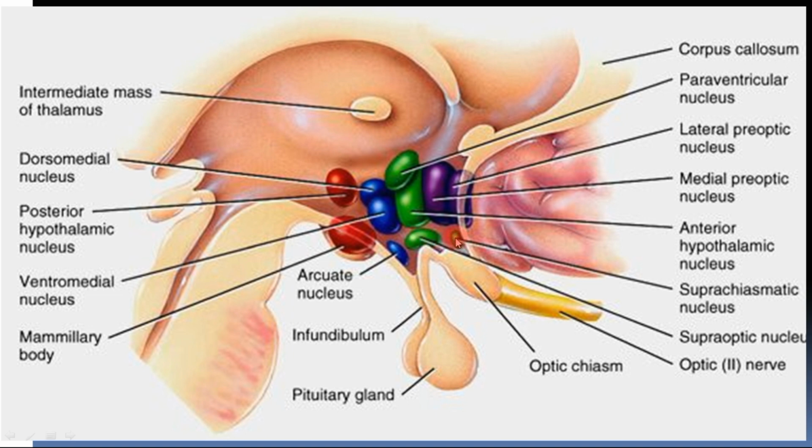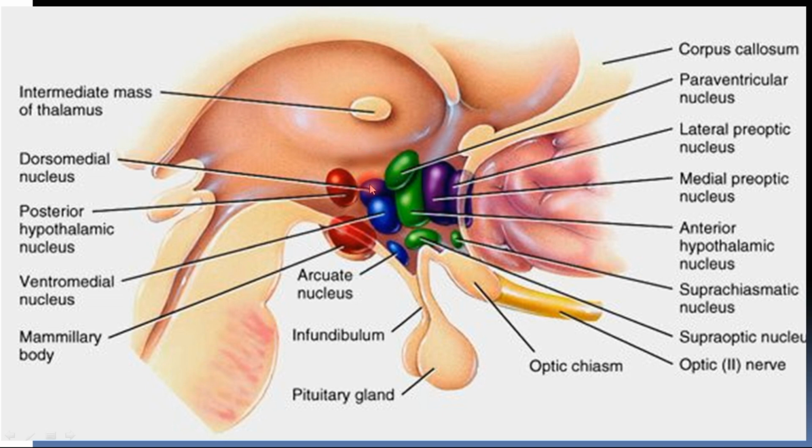First is the suprachiasmatic nucleus, above the chiasma. Then there is supraoptic nucleus. Then comes anterior hypothalamic nucleus, and this is paraventricular nucleus. So this is the supraoptic region.